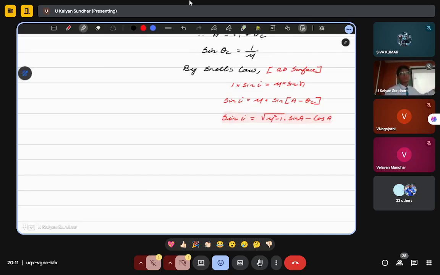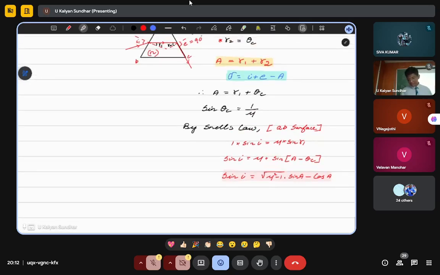Cos theta C is nothing but adjacent by hypotenuse, which is under root of mu square minus 1 by mu. Right? So this is another angle of incidence for what condition? Grazing condition. It becomes emergent, but it is grazing through the surface.